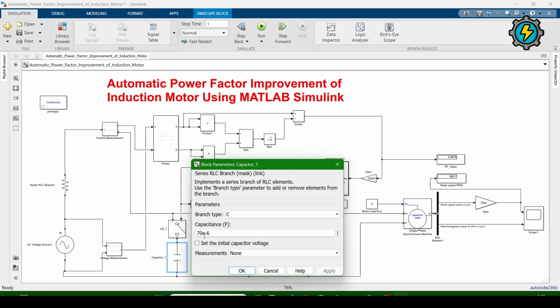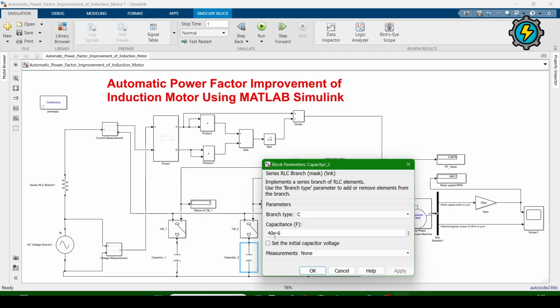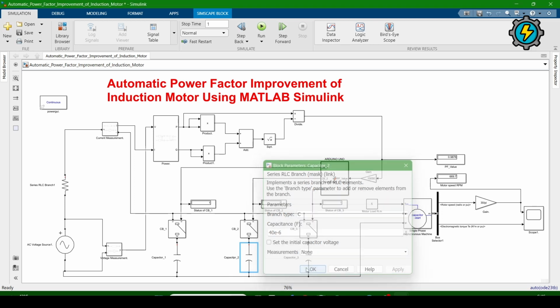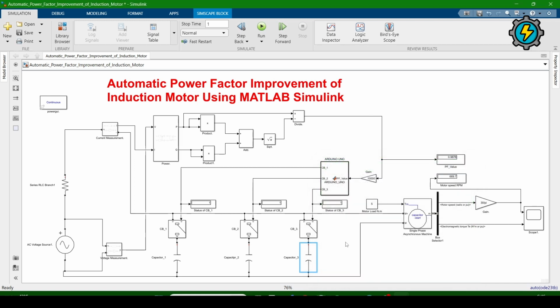Here I am using a 70 microfarad capacitor, this one is a 40 microfarad capacitor, and this is a 65 microfarad capacitor. You can also change them according to your motor's performance and ratings.